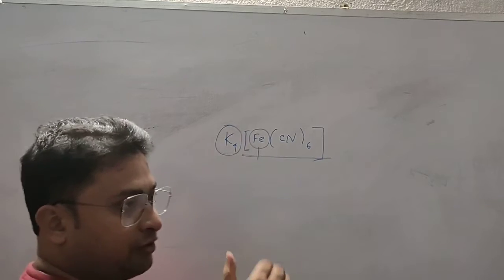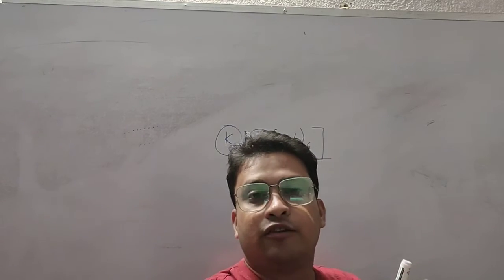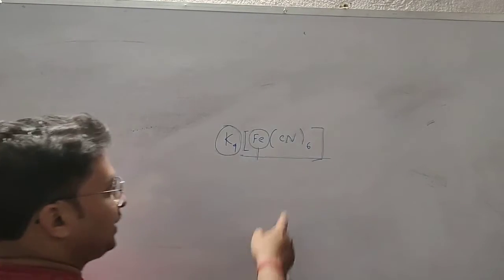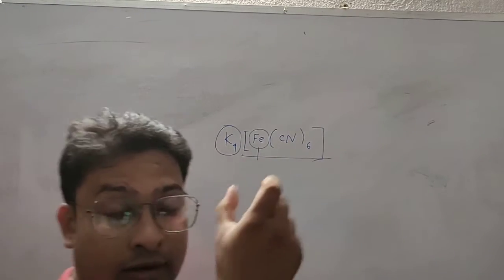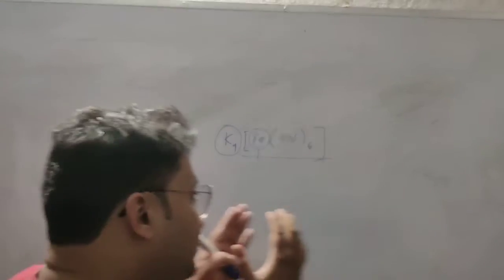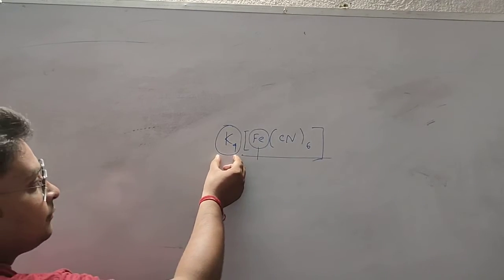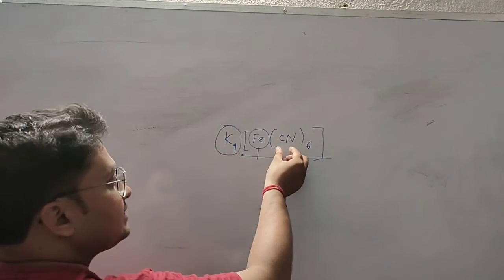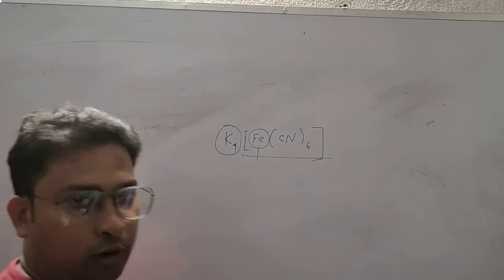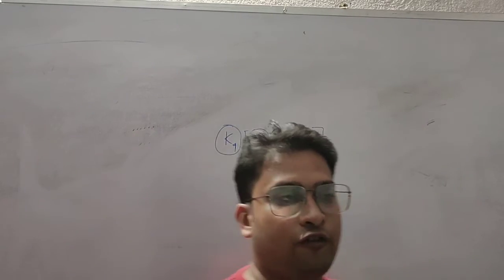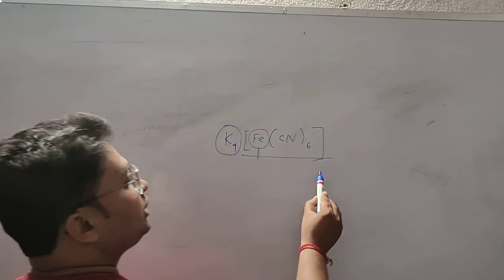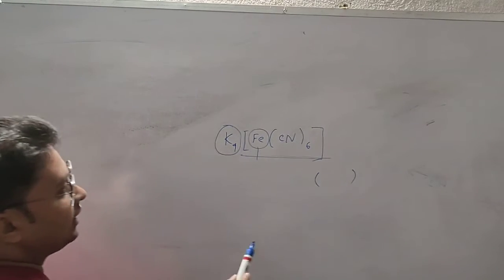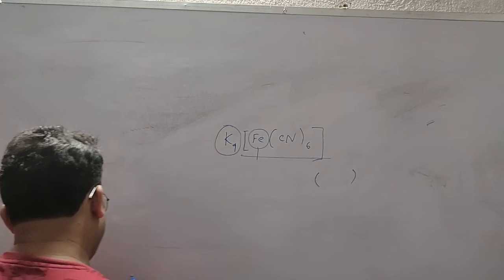Then ferric is converted into ferrate. So hexacyanidoferrate. But at the beginning we write potassium: potassium hexacyanidoferrate. At the end of the ferrate, you have to give a bracket and write its oxidation state.